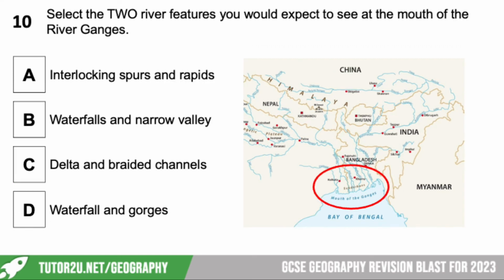And number 10, select 2 river features you would expect to see at the mouth of the river Ganges. The interlocking spurs and rapids, waterfalls and a narrow valley, delta and braided channels, or waterfall and gorges. So this one should be quite easy because I gave you a huge clue in the last answer. Let's reveal the correct answer. It is C, delta and braided channels.